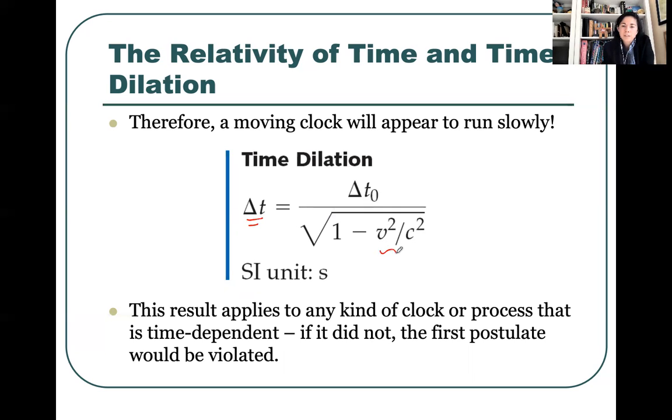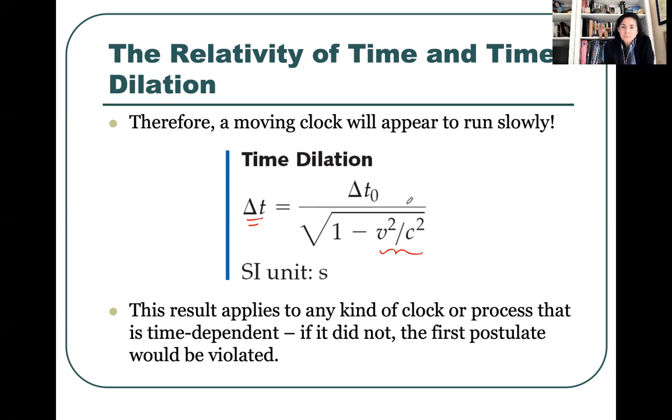This number, we saw according to the second postulate, is less than 1 because we know the speed of our initial frame of reference is less than c. So 1 minus something that's less than 1 but more than 0 gives us a number less than 1. So we're dividing by something that's less than 1.